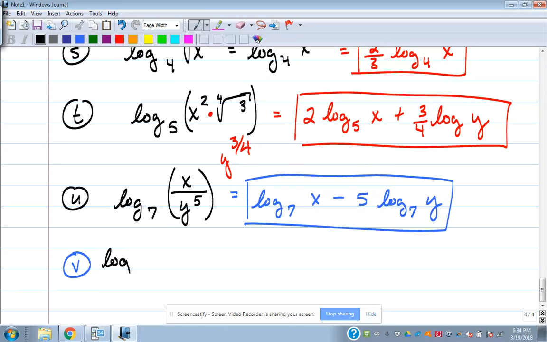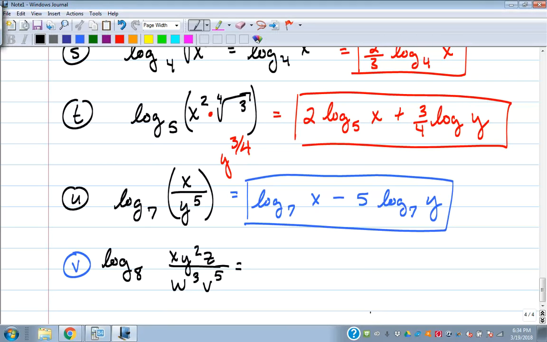This one will be fun. Log base 8 of x y squared z over w cubed v to the 5th. Yowza. So quite a bit going on with this one to expand.